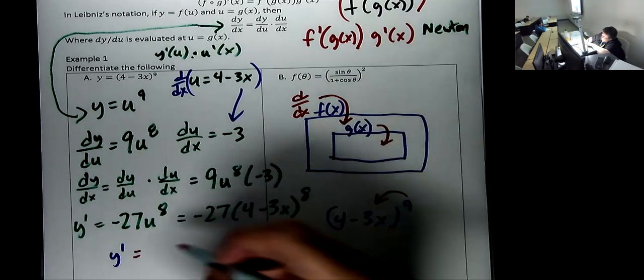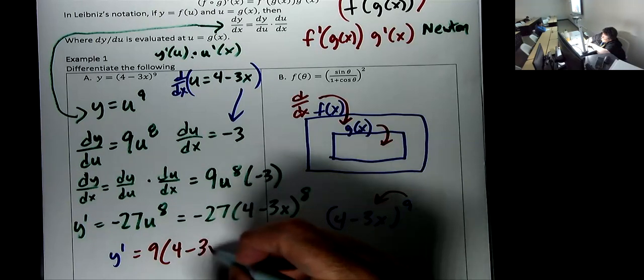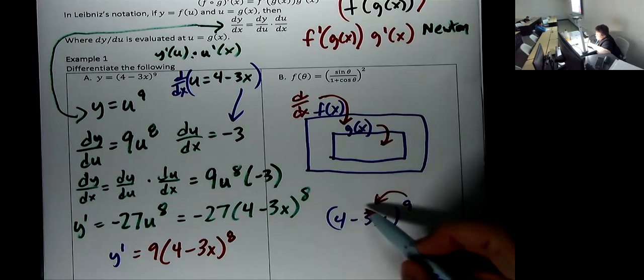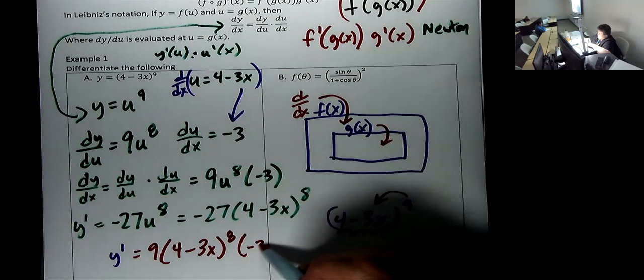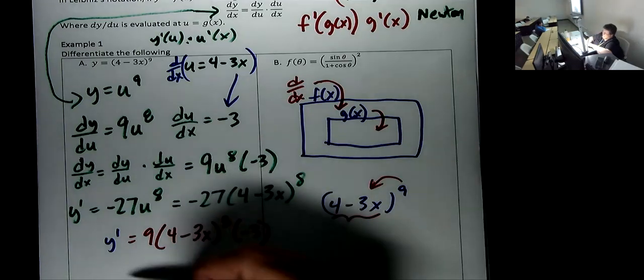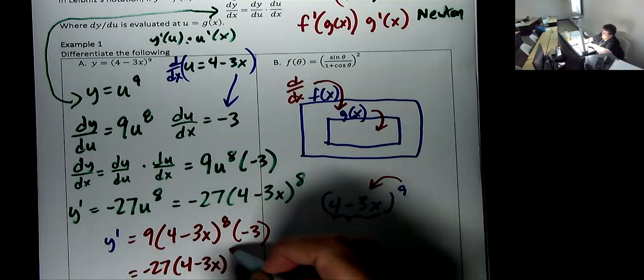So the 9 comes down, and I have the 4 minus 3x that still stays to the 8th power. And now I'm going to do the derivative right here, and I've got -3. And you get -27 times 4 minus 3x to the 8th.